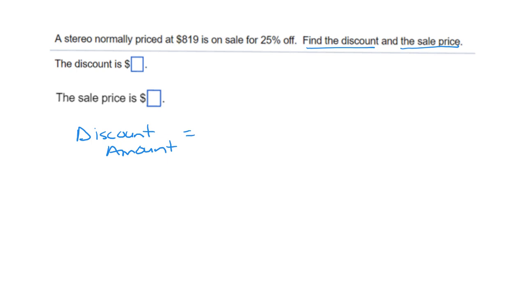From the previous section, we know that we can take the discount amount by finding the original price, which is $819, and we are going to multiply it times the percent. So this is your original price. And this is your discount rate.